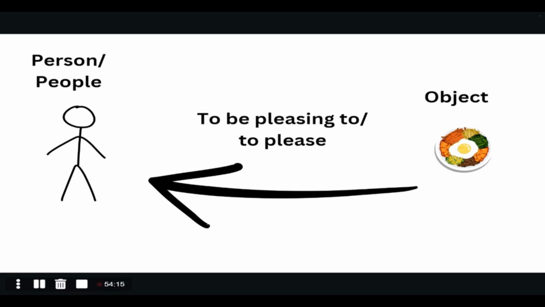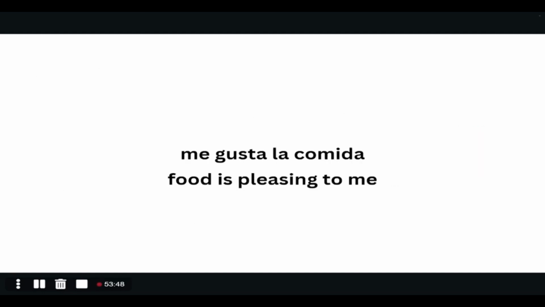I'm the person that is receiving the action from the food. It might seem extremely strange, but that is how it is grammatically, right? Of course, we translate it, and of course, things change around in English, but keep it in mind that the object, the food, is the thing that is actually doing the acting. So the object is really the subject, even though when we translate it, it turns back into the object, right?